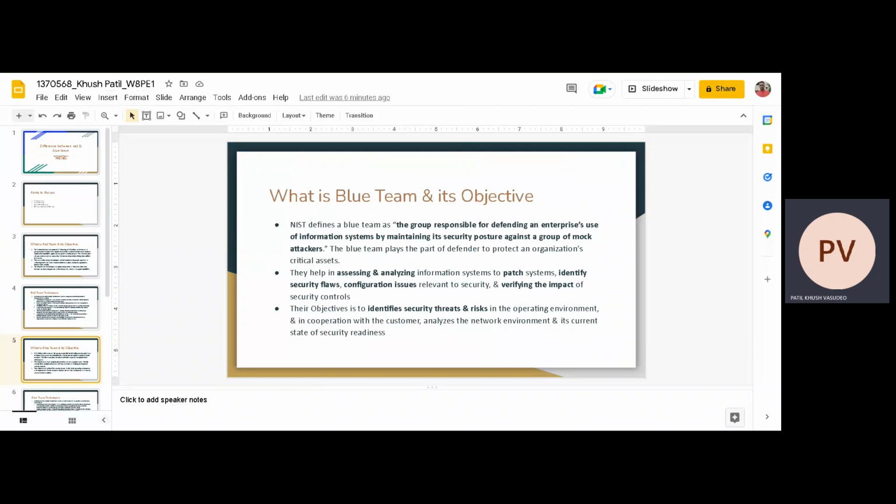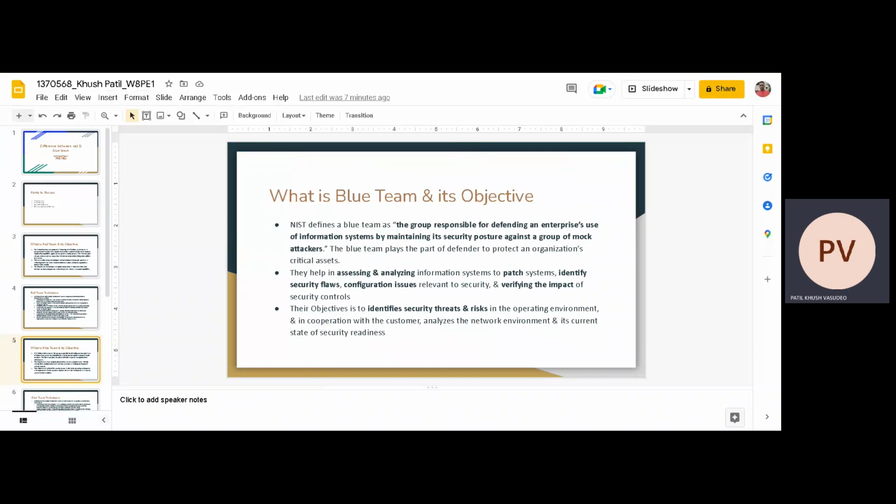Basically, the group is responsible for defending the systems used by the enterprise and ensuring that the systems can sustain damage. They assess and analyze the information system to patch. To patch means to rectify the system.